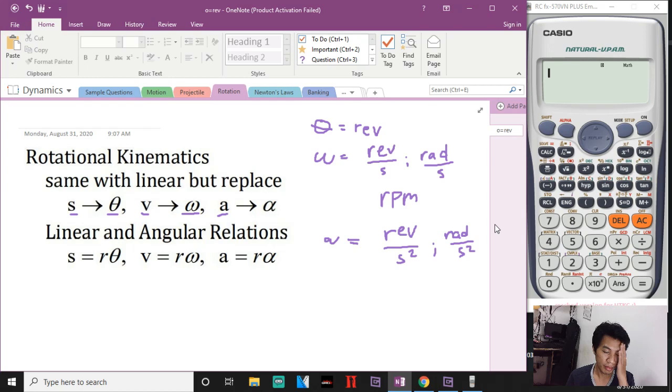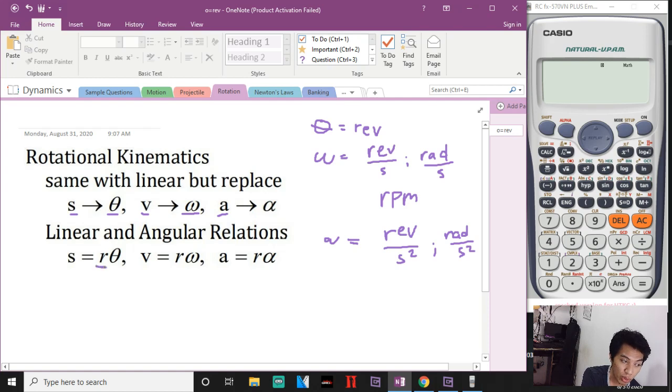Okay? Now, paano natin sila itatranslate? All you have to do, syempre, meron ka rotating body and then the distance na meron ka that is in the radius or radii ng iyong rotating body. To translate yung S into a particular form, all you have to do, yung theta mo, equal yan sa yung S, i-divide mo lang ng iyong radius.